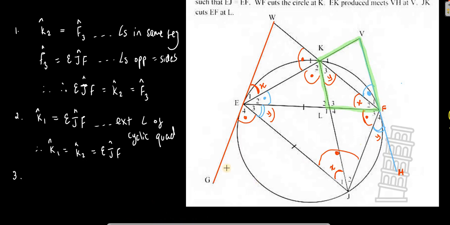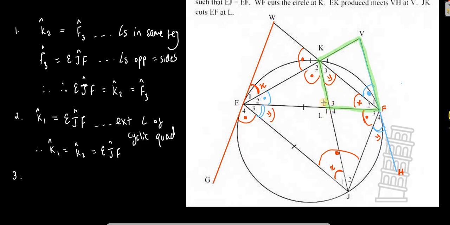So for us to prove that, we can either prove that the opposite angles are supplementary, or we can prove that one of the exterior angles is equal to the interior opposite. Now, that means if we can prove that K2 is equal to this whole angle, we would have proved that this thing is a cyclic quad.